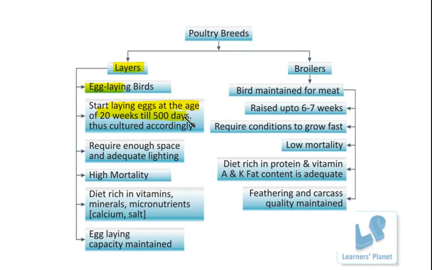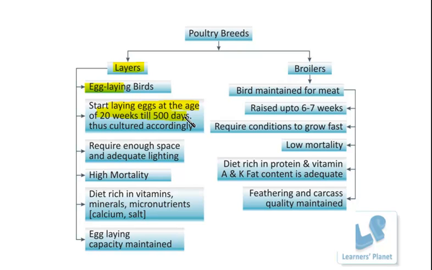But as they proceed in age, what happens? In old age, the eggs laid by these organisms have a thin shell. So with time, the quality gets deteriorated. Of course, the time has to be determined on the basis of these breeds, for how long they are able to lay good quality eggs, in good number also.